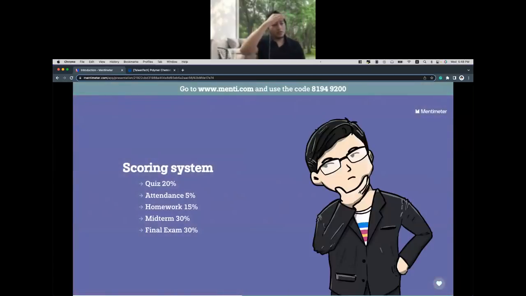Now, the scoring system. Well, I'm planning to have, as usual, a quiz and homework, if we have homework. But I think homework will be like a project, where you can write a report on something.